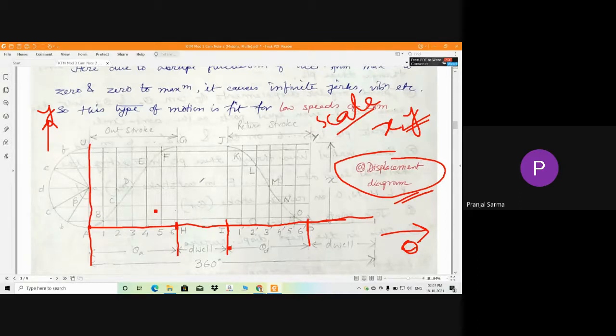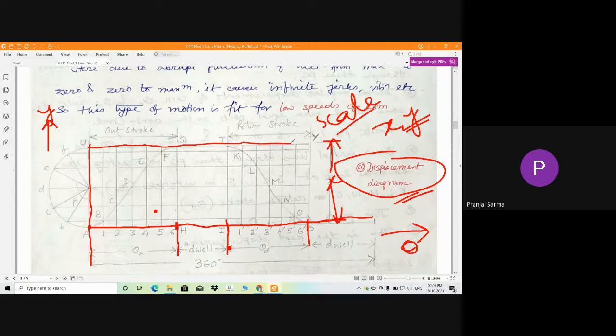Okay, and you'll mark that particular distance, that is whatever is the displacement of the follower. Okay, so as per that we'll mark it, and you'll now close this particular rectangle.